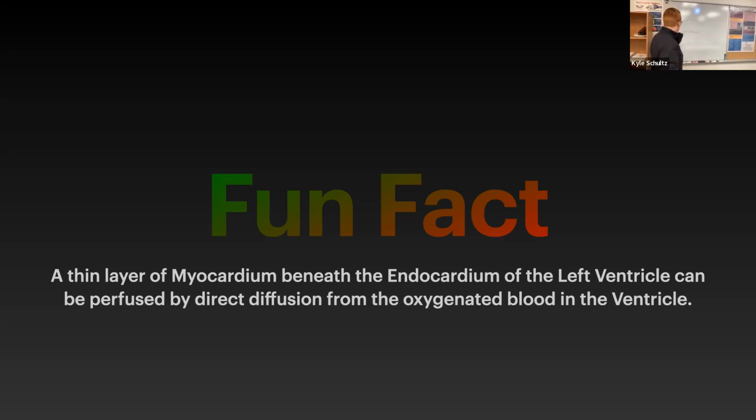And then we have the endocardium, which is comprised of the endothelial and subendothelial layer. So part of the innermost layer of the heart, as it fills with blood, is actually receiving a little bit of oxygen just from the blood being in the ventricle. It doesn't matter that it's not receiving the blood through the coronary artery, which I think is pretty cool.